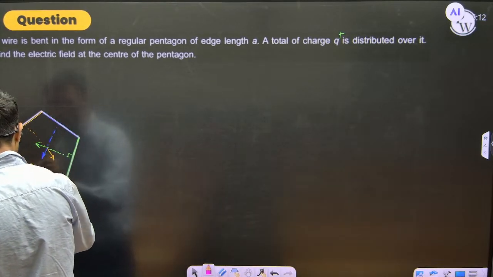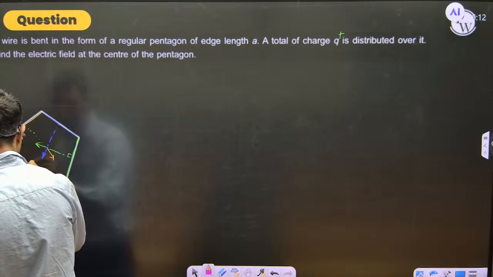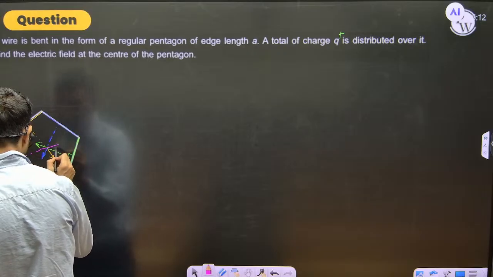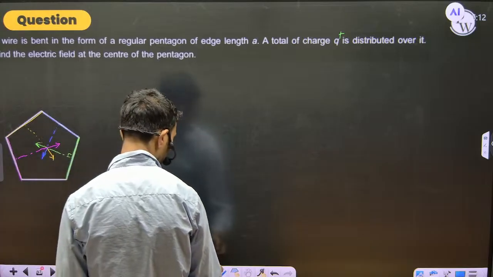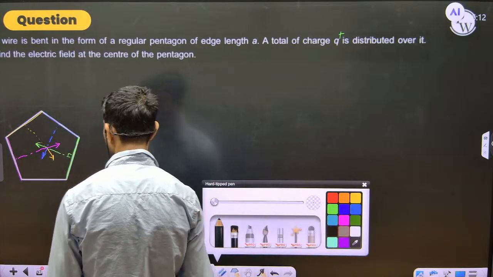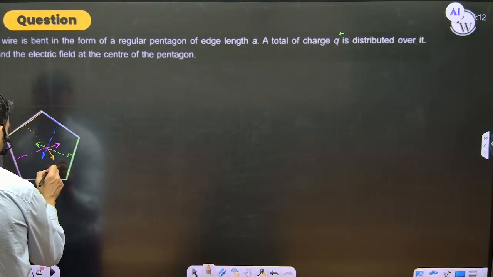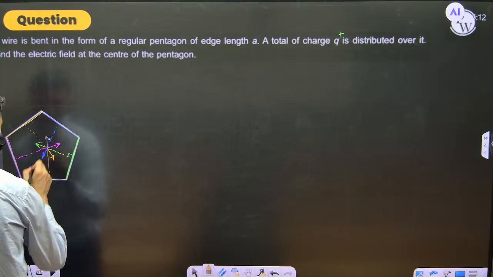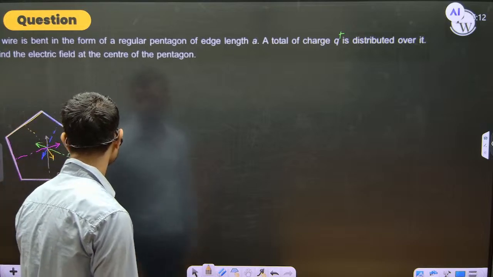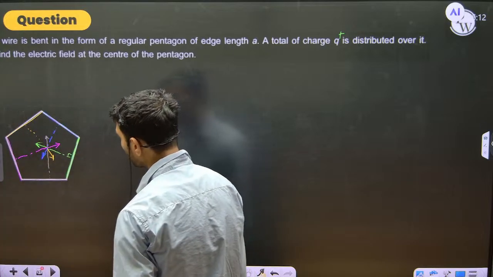At this point, in this direction. And lastly, at this point, in this direction. So what will happen to all the electric fields?